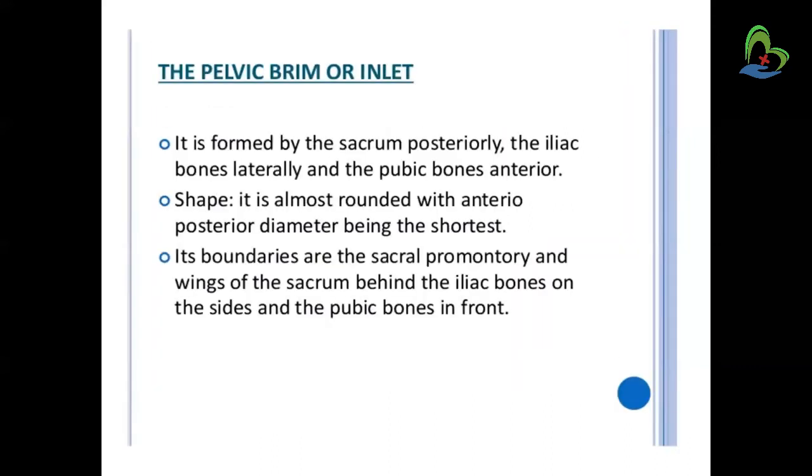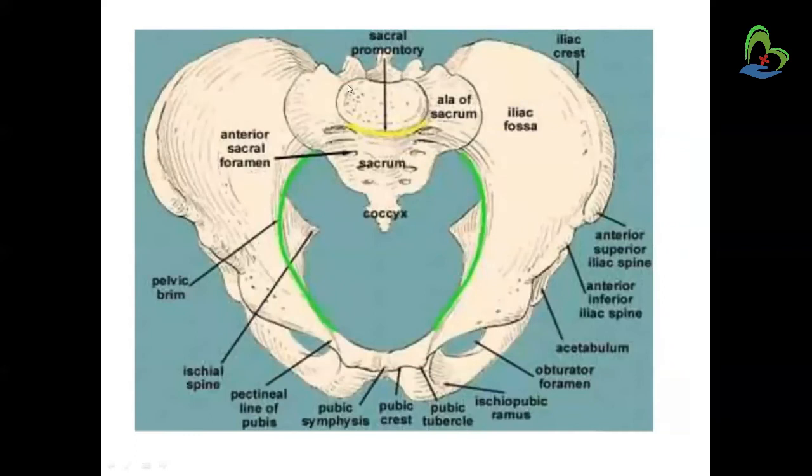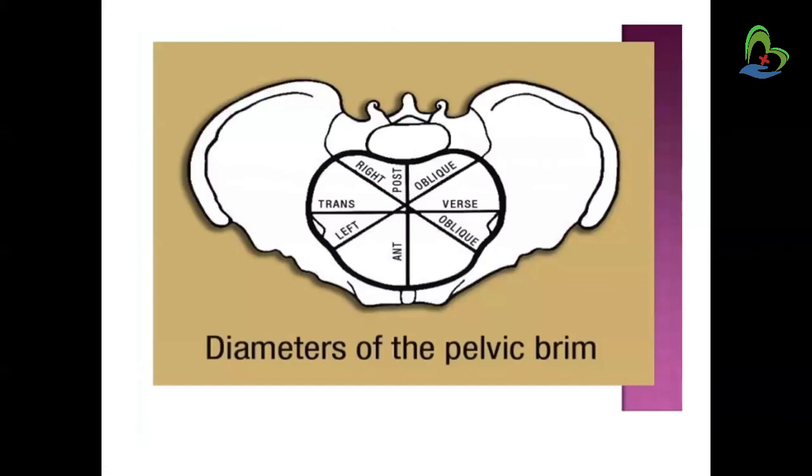So here in the figure, this is the sacral promontory. From the midpoint of the sacral promontory, that is this point, we take the measurement till the lower part of the symphysis pubis. That measurement is called the diagonal conjugate.